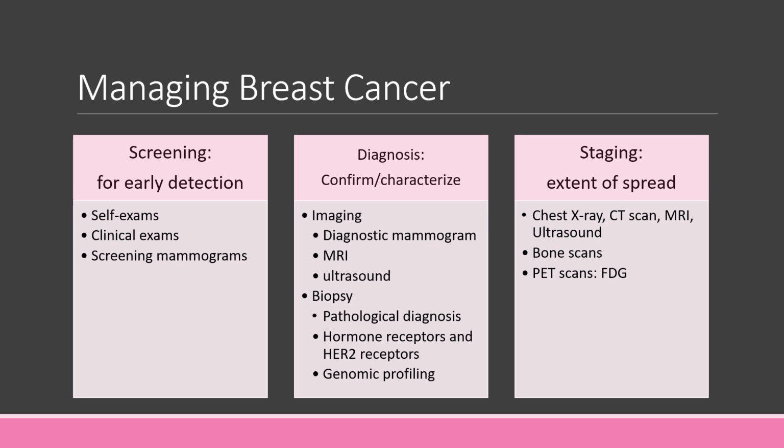Once it's confirmed or highly suspicious of cancer, that's where the biopsy comes into play. And clinicians will look at the pathological diagnosis, the presence of hormone receptors and HER2 receptors, and then the genome profiling.